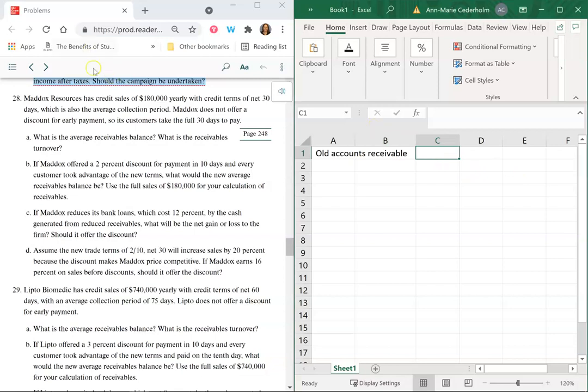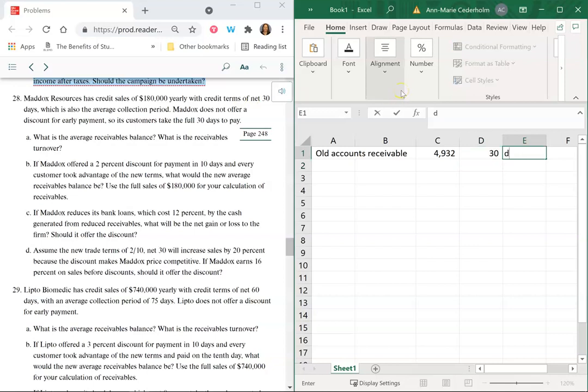So I'm just going to switch this yearly sales to daily sales. If I do 180,000 and divide that by 365 days, that means my sales are about $493 a day. And if my accounts receivable are 30 days, so those are my terms.